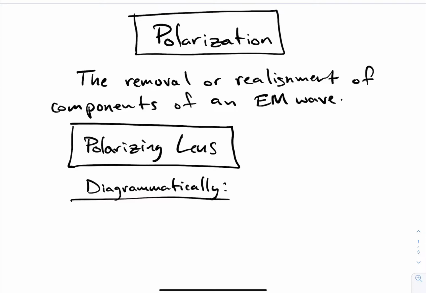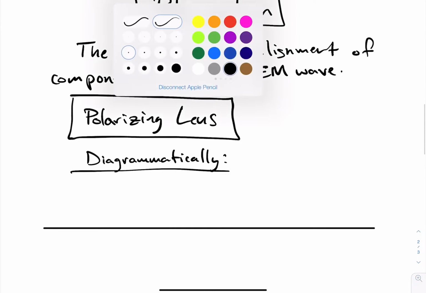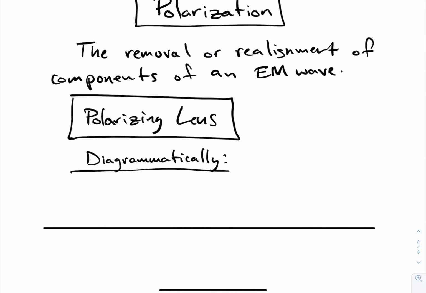Diagrammatically, what we usually will do is have some sort of transmission axis here, and on that axis we'll have unpolarized light. And the way we usually do that is with a combination of all the directions.